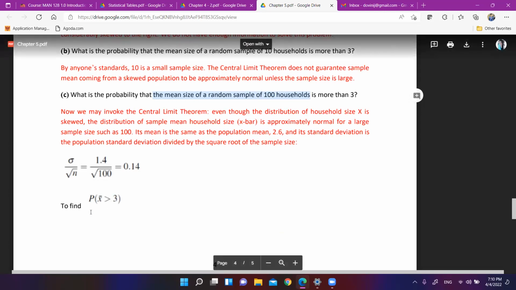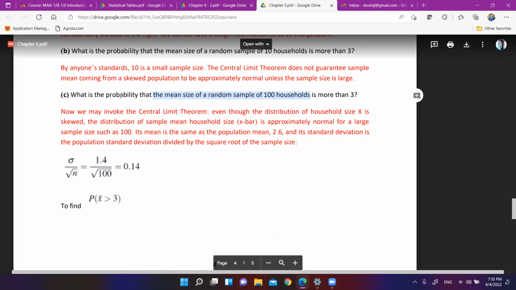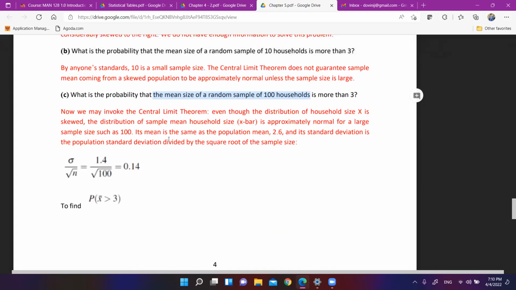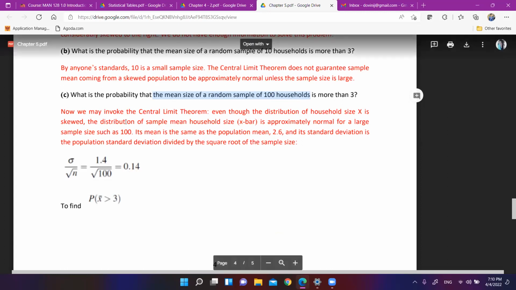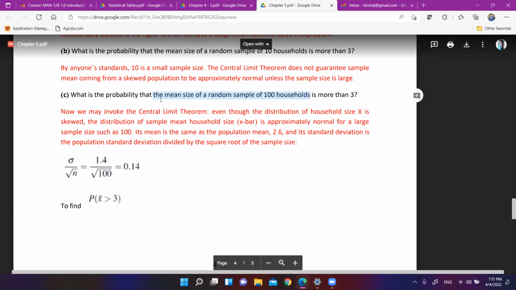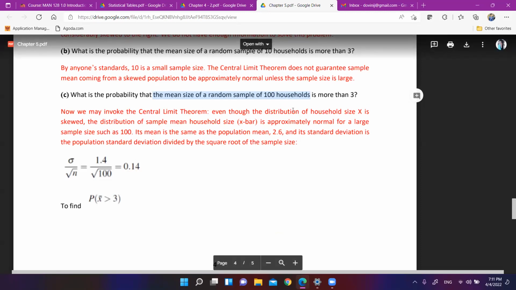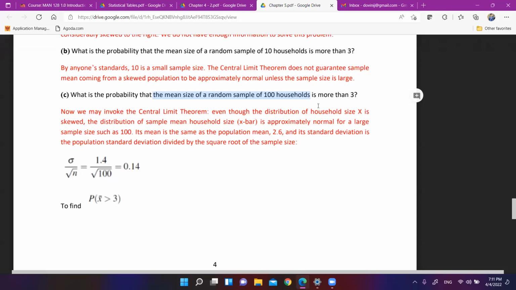Again, if x is the number of people in a particular household in United States, and if x bar is the mean number of people in the household in United States, we are asked that mean is more than 3, right?